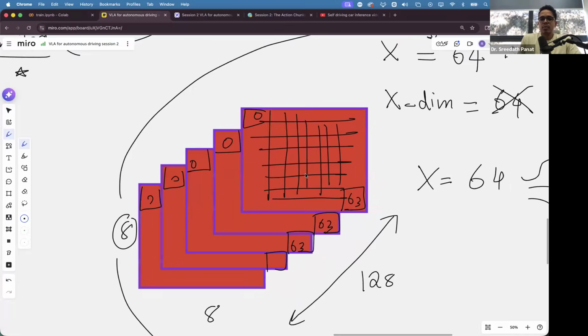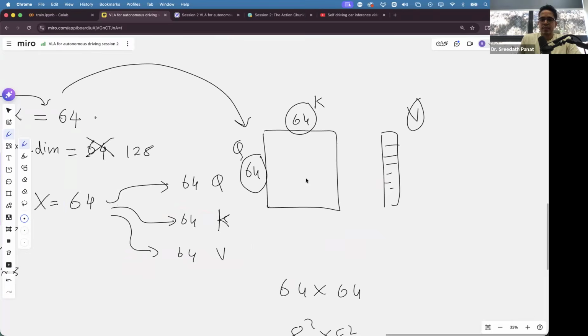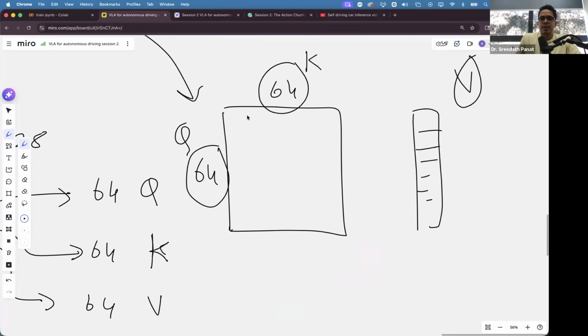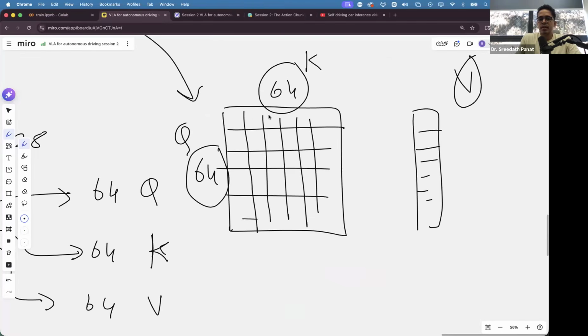Now, these image tokens are projected into query key value space. Now, can you tell me, do you want masking here, masked self-attention? So when query dot key transpose is constructed, do you want these to be zeros? Why not? For those of you who are saying no, why not?